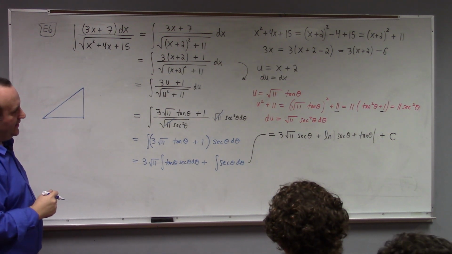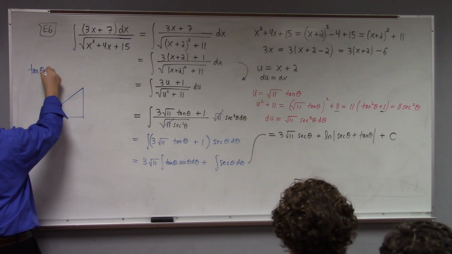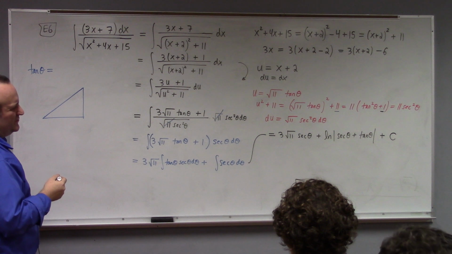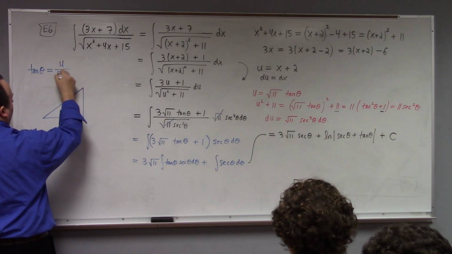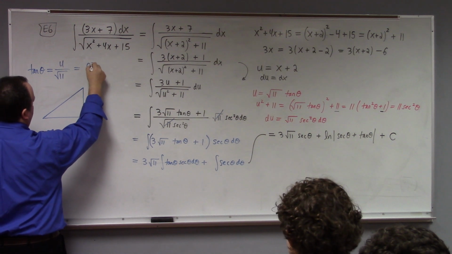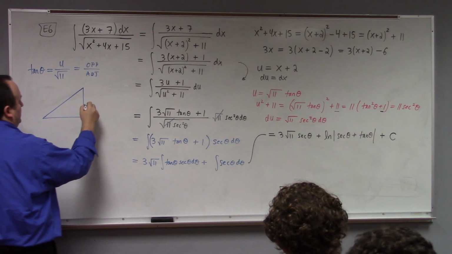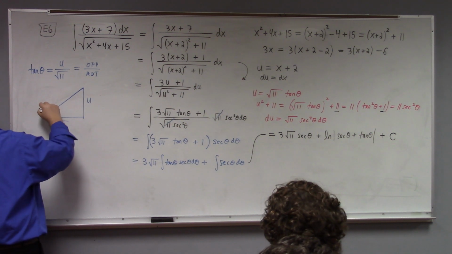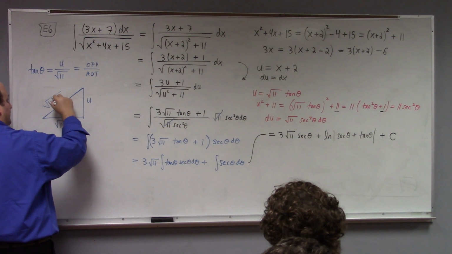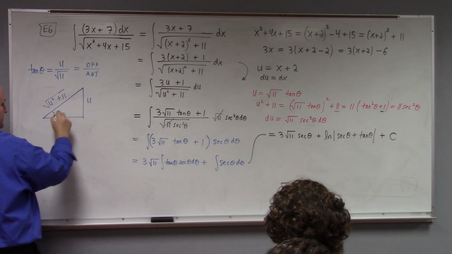Let's see here. I had a tangent theta. Tangent theta is what? u over root 11? So that's supposed to be opposite over adjacent, yeah? So we got a u on our opposite side, square root 11 over here, and then the square root of u squared plus 11 for our hypotenuse. Here's my theta.